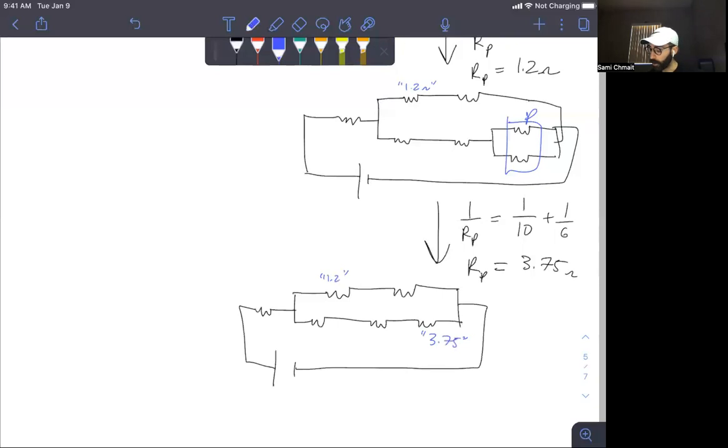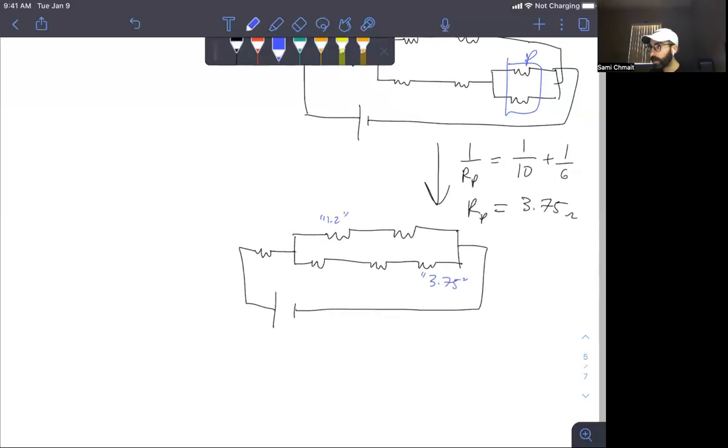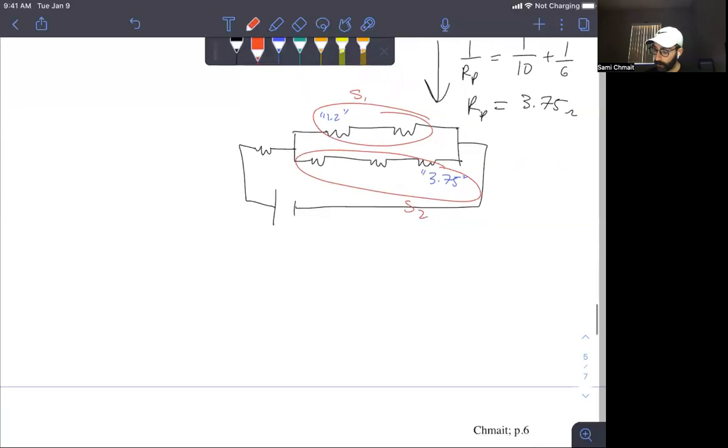I do it in quotes. It helps me remember. The next thing we can do is we see these two guys in series, and actually, if you really want to be a physics whiz, you can do this lower one that's also in series at the same time, right? So we can call this series 1, and we can call this series 2.